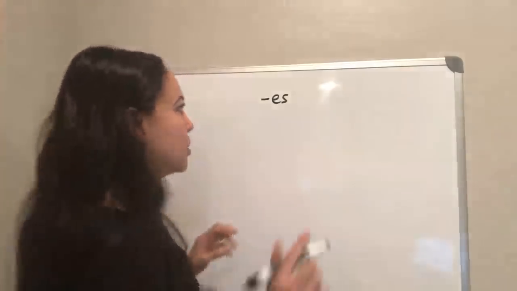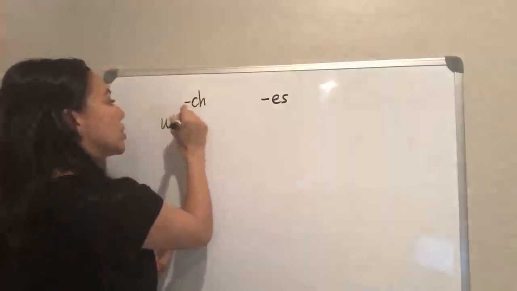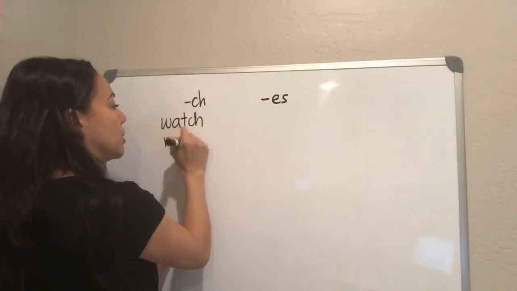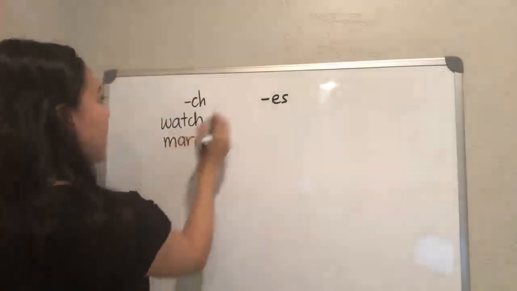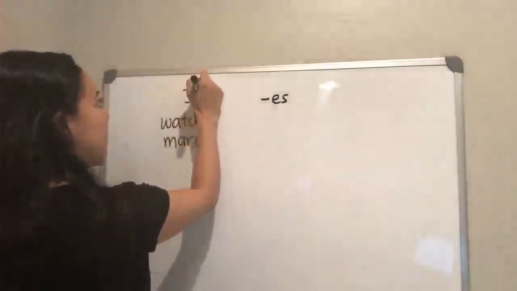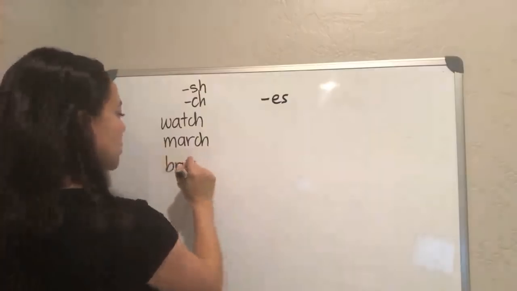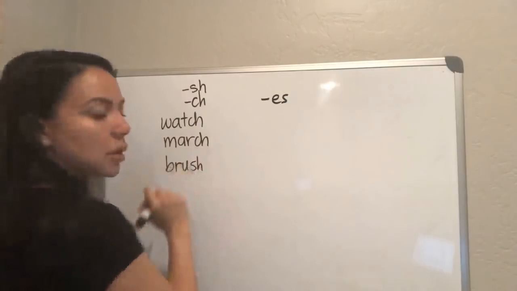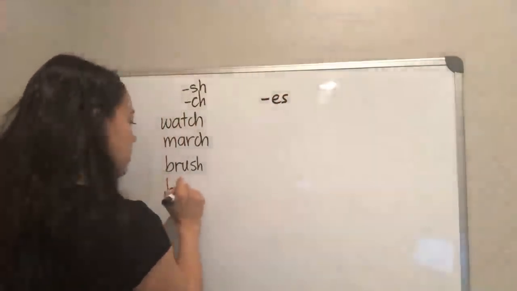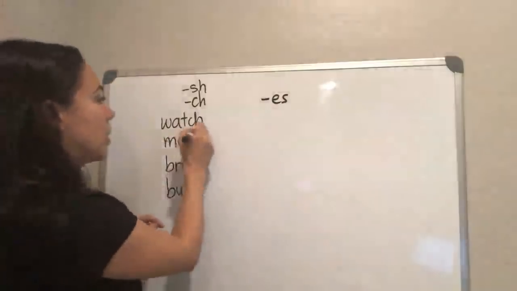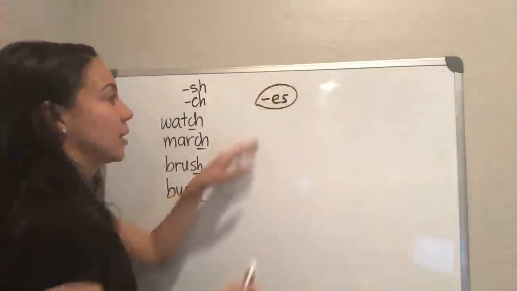In general, okay, in general, words that end in CH, so watch, march, I have a list that I've written down over here, and then SH. Okay, so here we go. These types of words are going to end with the ES at the end, okay, ES.